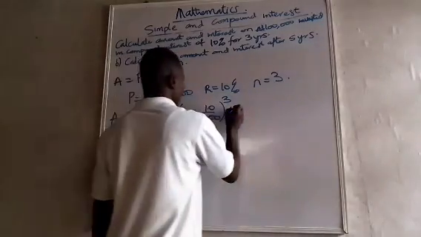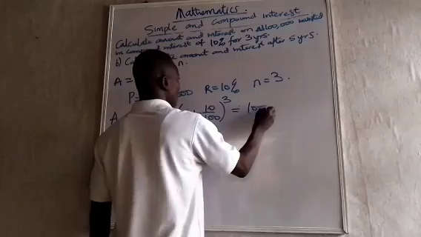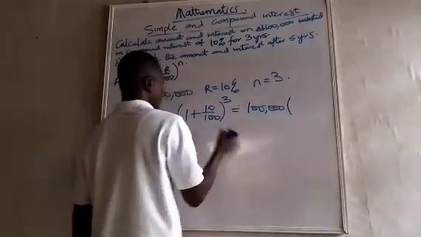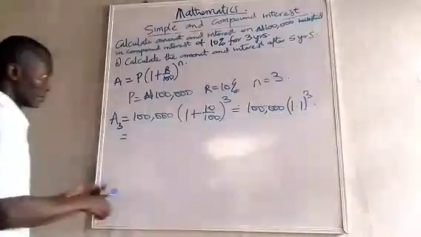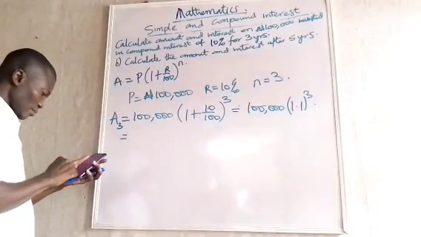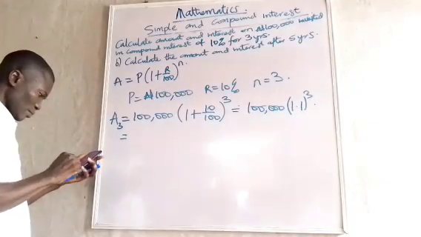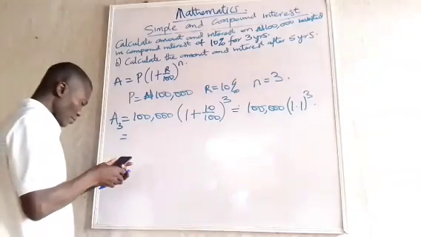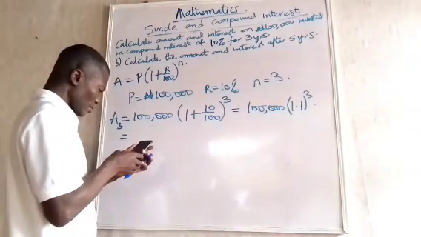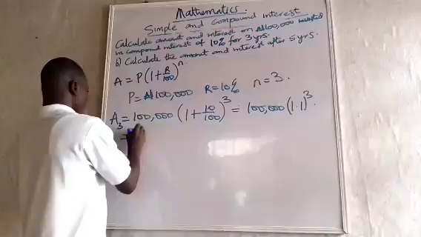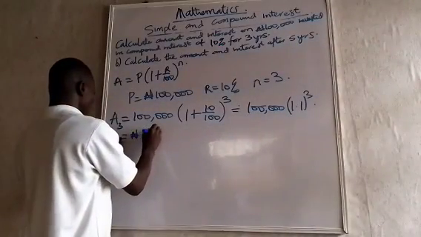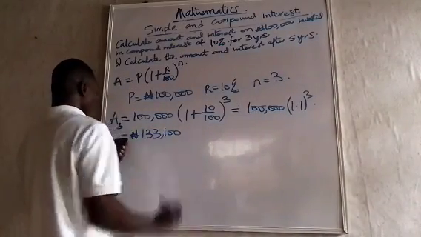And that's going to be 100,000 into 1.1 raised to power 3. So what does that give? And that gives me 133,100.